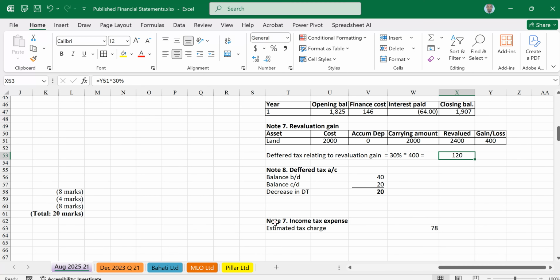Now we can confidently get the last part, the income tax expense that we'll be taking to the statement of profit or loss.